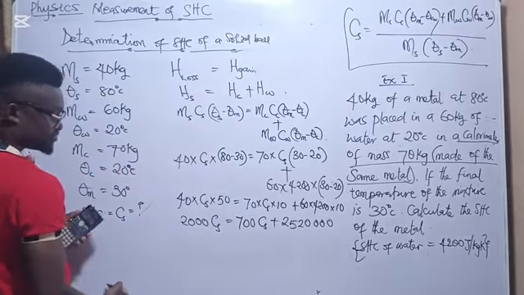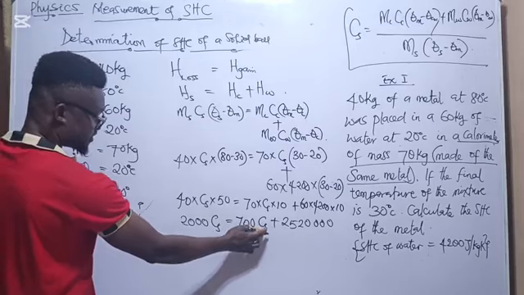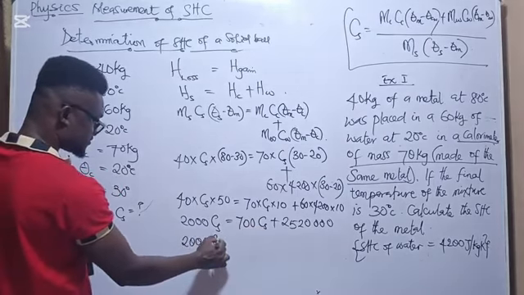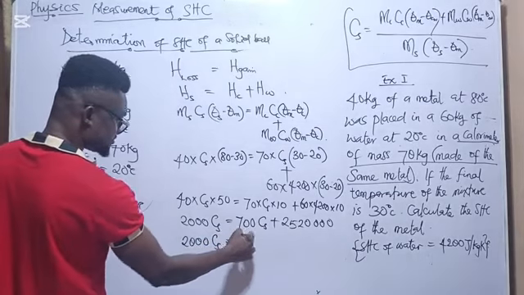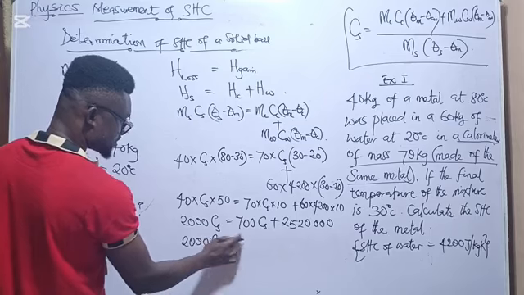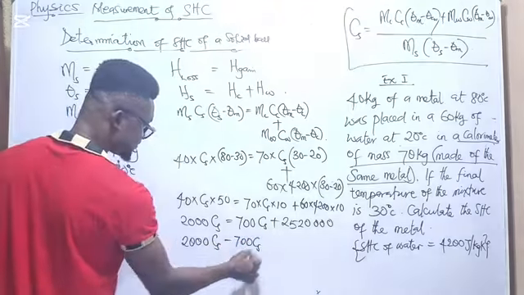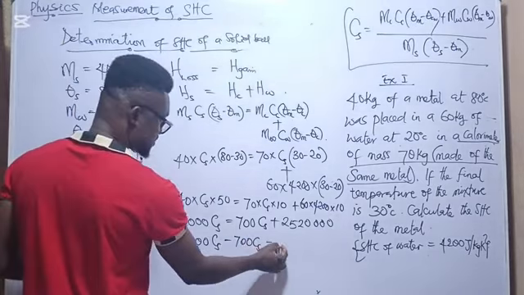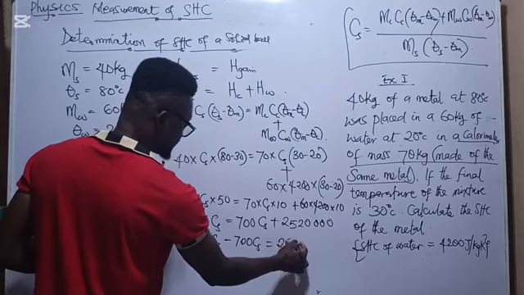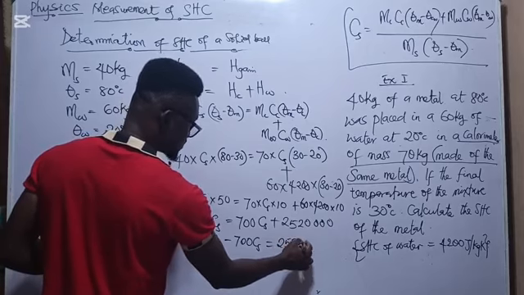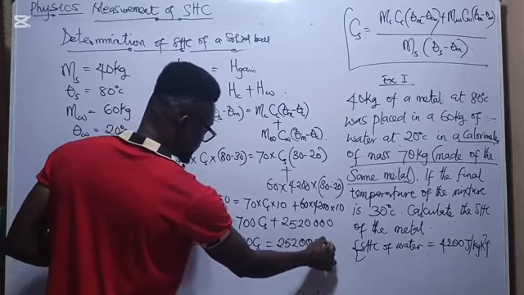Now we make the specific heat capacity of the solid the subject of the formula. So here we have 2,000 specific heat capacity of solid. Then when it crosses the equality sign, it becomes minus 700 specific heat capacity of solid equal to 252,000.